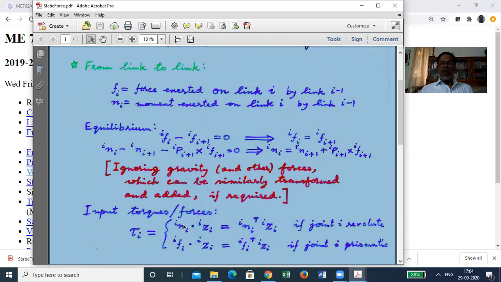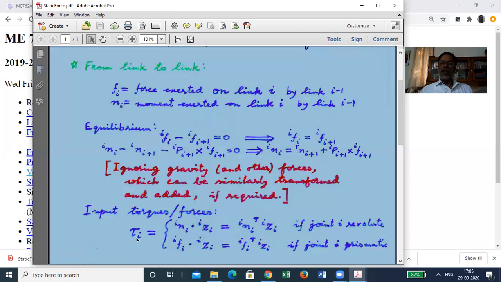For the moment vector, if you take the Z component, either you write it as the dot product or you write it as this. It is the same thing. That will be the joint torque. If the joint is prismatic, then all the 3 moment components will be joint reactions. It will be the Z component of the force interaction at the joint that will be the input force, if the joint is prismatic.